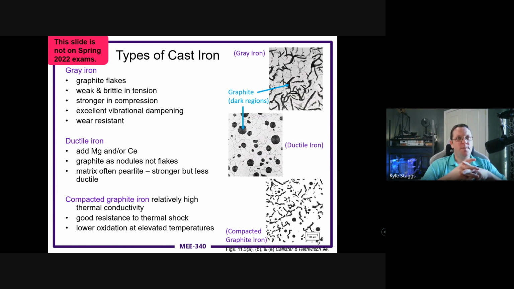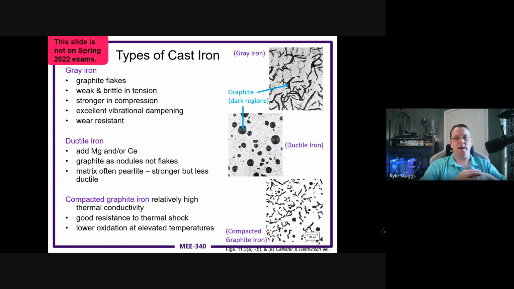So the ductile iron has a lot more perlite often, and so it's stronger but less ductile, and that allows it to be a little bit malleable compared to some of the other things. But the compacted graphite iron, those are really good for thermal conductivity and good resistance to thermal shock.